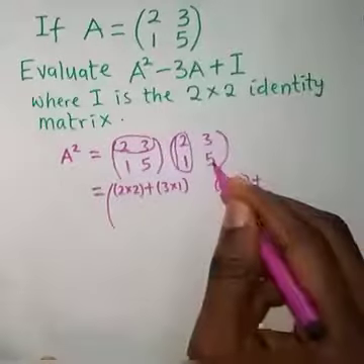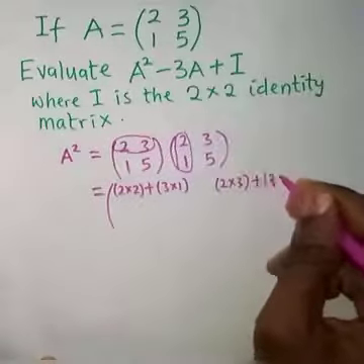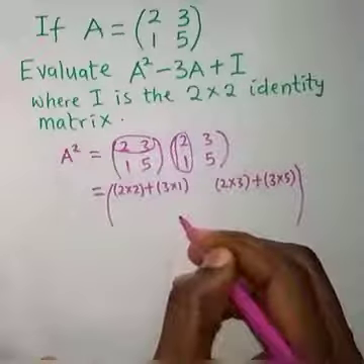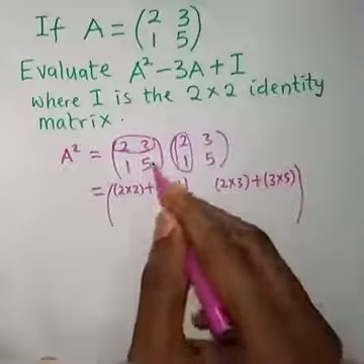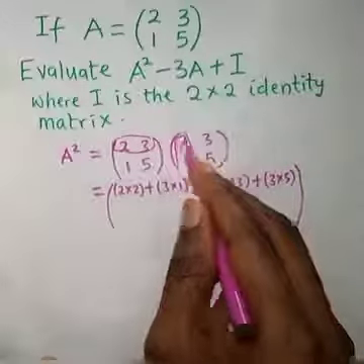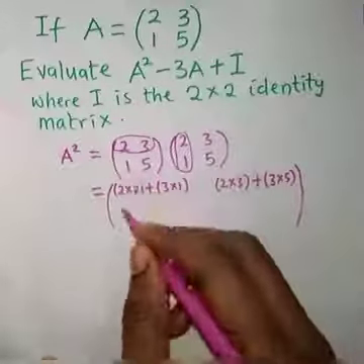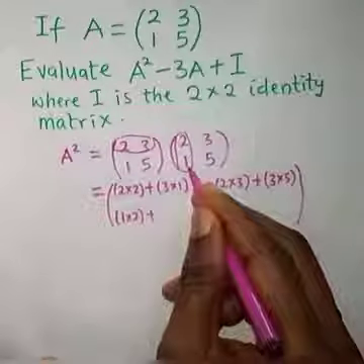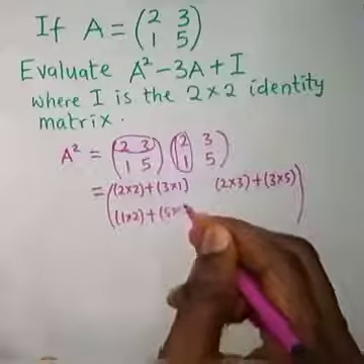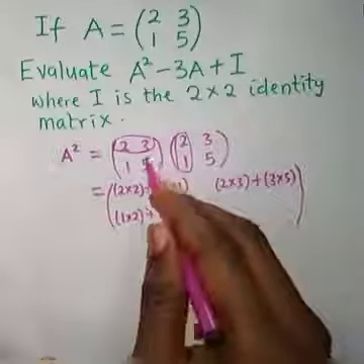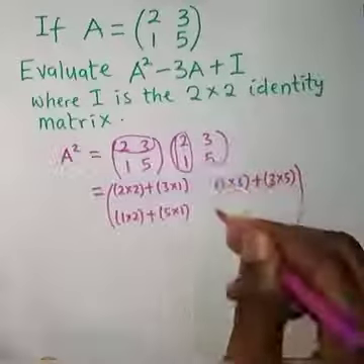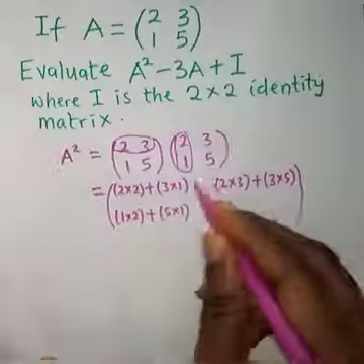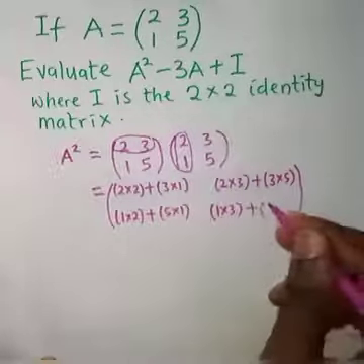plus 3 times 5, and then for this part we multiply this row with this column to give 1 times 2 plus 5 times 1, and lastly this row with this column, 1 times 3 plus 5 times 5.